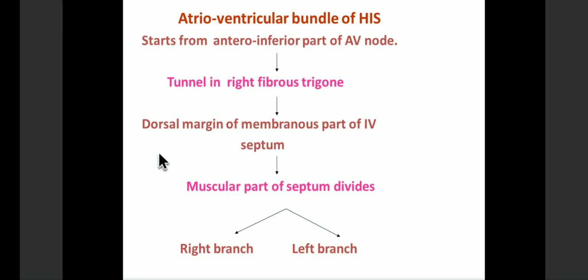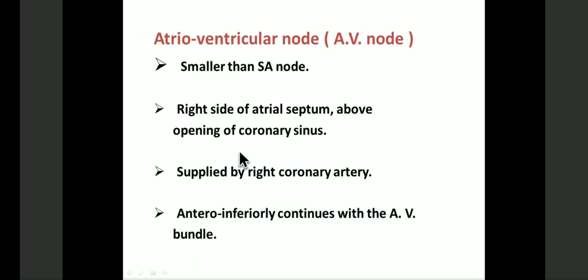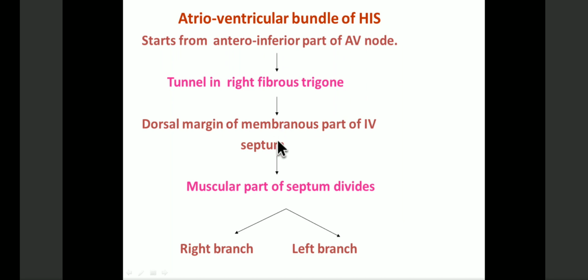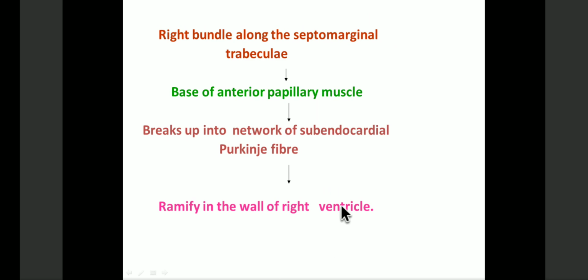So, the AV node is located in the interatrial septum, just above the opening of the coronary sinus on the right side. From there, it reaches the interventricular septum from the membranous part and then to the muscular part, dividing into right and left branches, going towards the right ventricle and the left ventricle, so that the impulse can transmit.